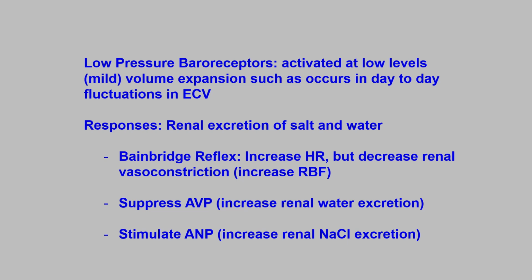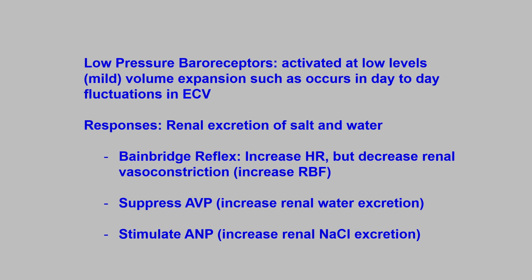So in summary, we have discussed two types of responses: those that are mediated by the baroreceptor and to some degree the chemoreceptor systems, and which result in acute neural changes that acutely increase or decrease peripheral vascular resistance.